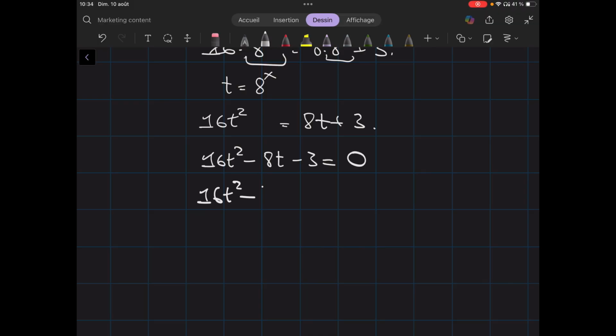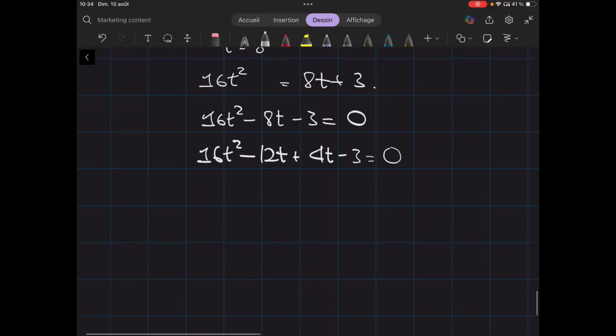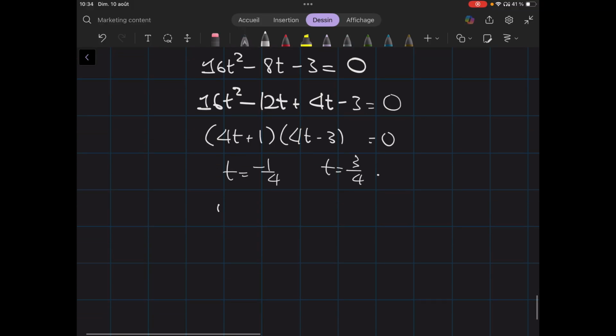So we're going to split the middle term as 12 and 4, and we are at 4t plus 1 times 4t minus 3 is equal to 0. t is negative 1 by 4, or t is equal to 3 by 4. t is 8 to the x, and 8 to the x cannot be negative.